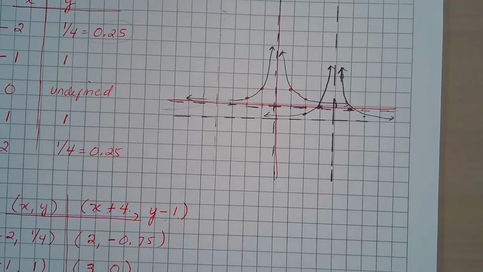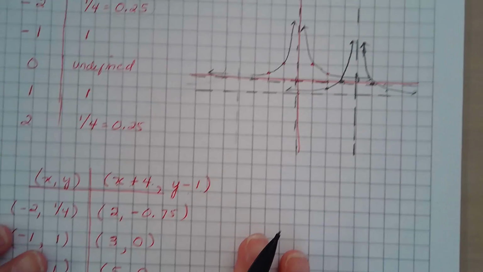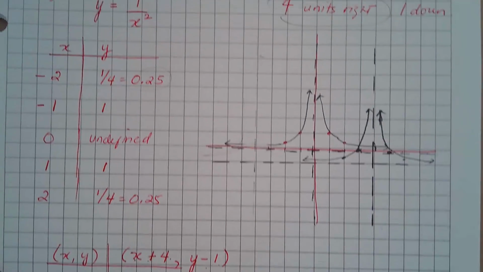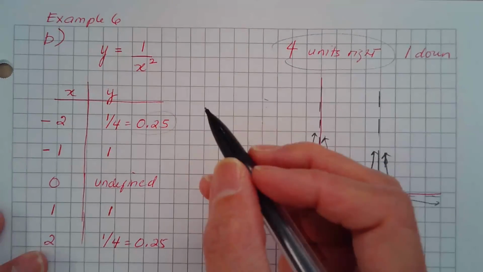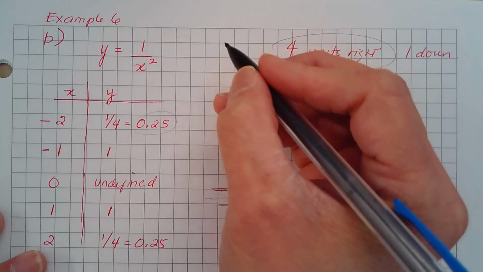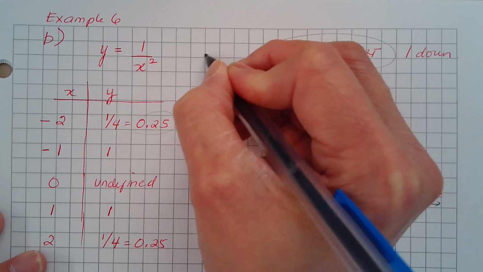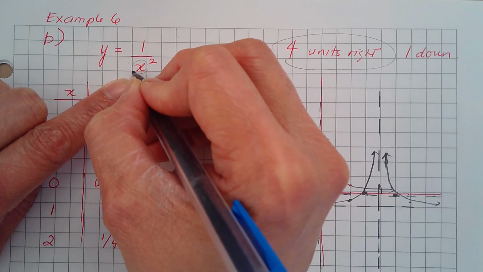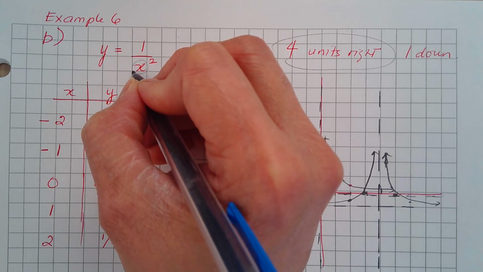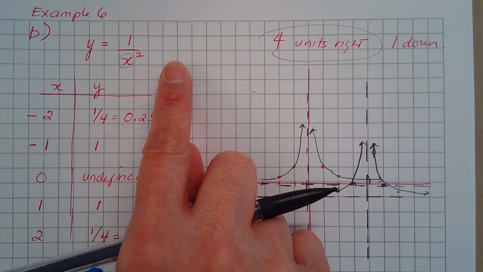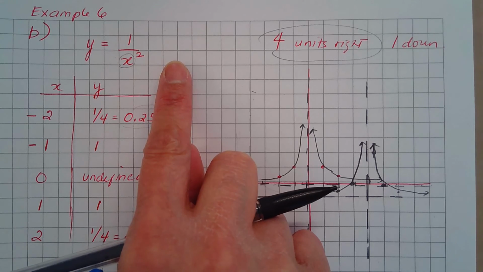Now, what does this have to do with your question? What did we do? When we did this, we had to subtract the 4 first, translate it first, and then square it after.